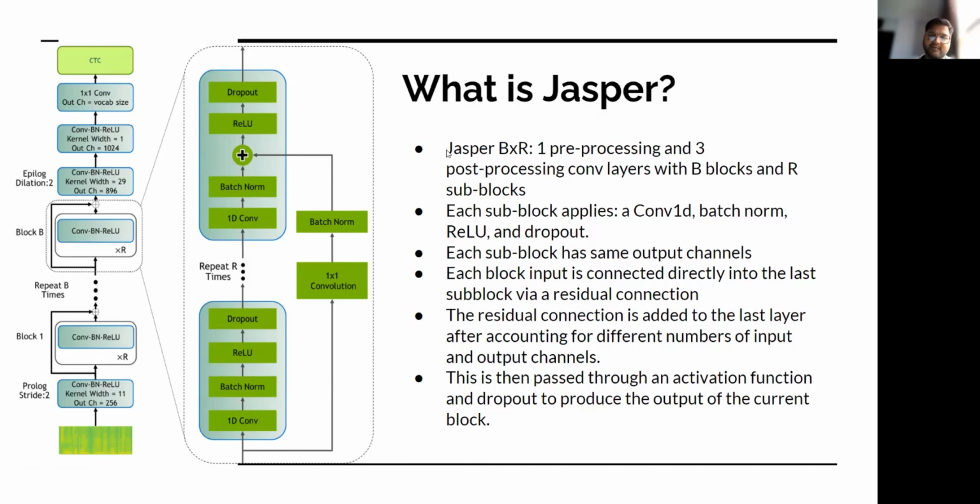And any Jasper BxR model has B blocks, and each block contains R subblocks.